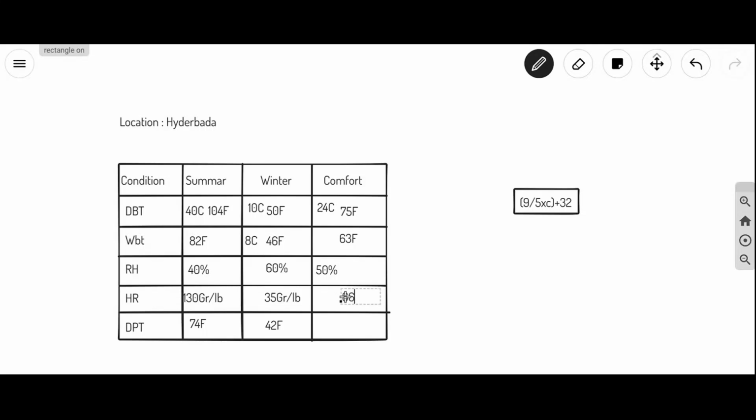Sir, in winter case the HR is 40. Wrong, it comes above 60. Humidity ratio, sir, is 40.